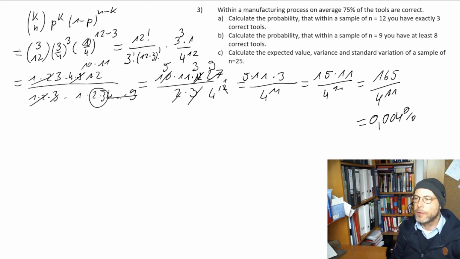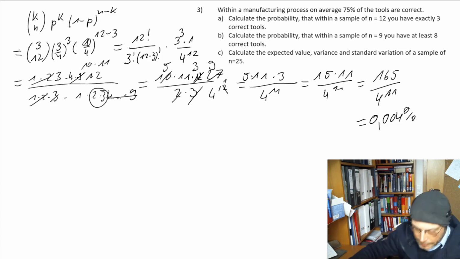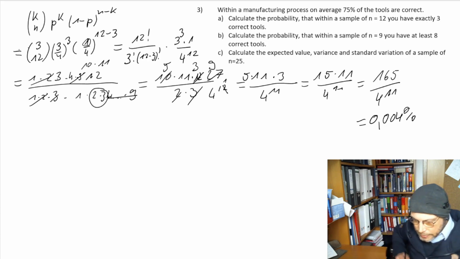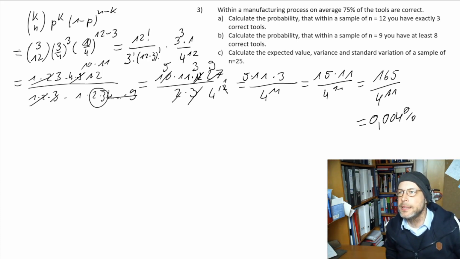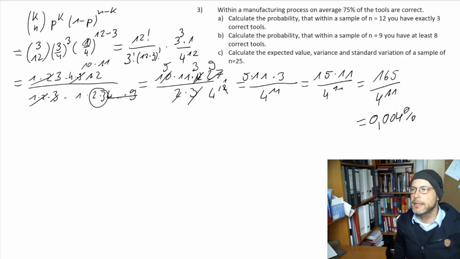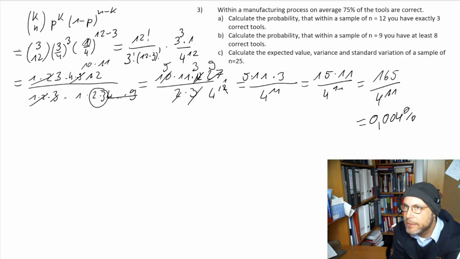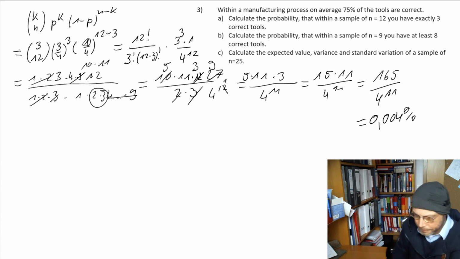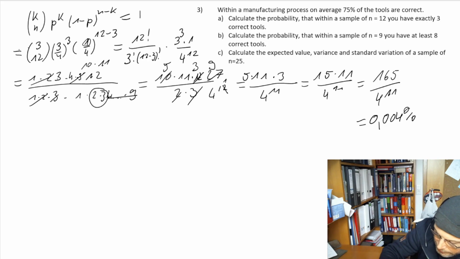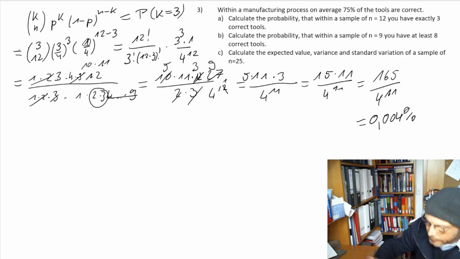Of course, you don't have to do it by hand. You can just put it in the calculator, or you can even, of course, directly use Excel in order to solve this. Okay, so what else? Calculate the probability that within a sample of 9 you have at least 8 correct tools. So here we have the probability, in order to be consistent, that K equals 3.